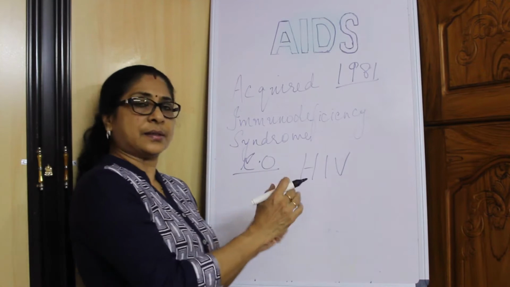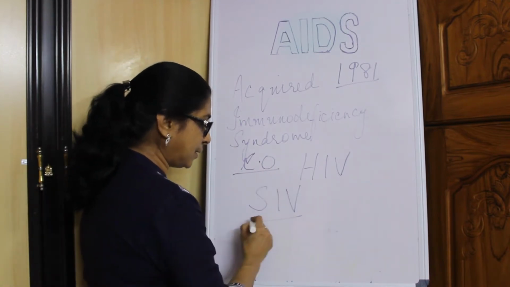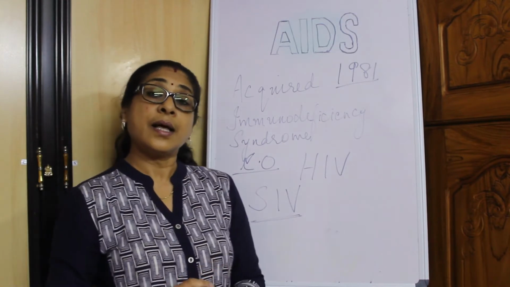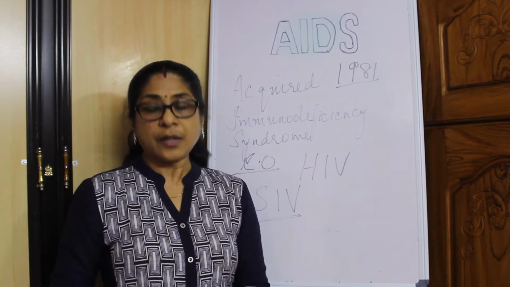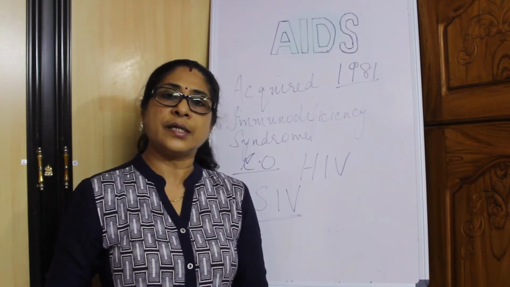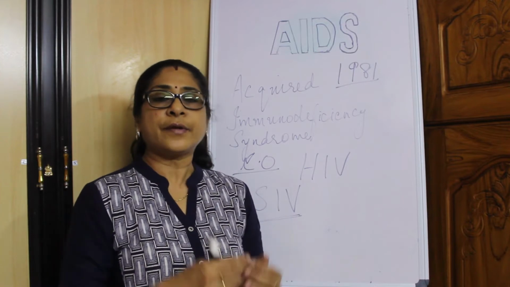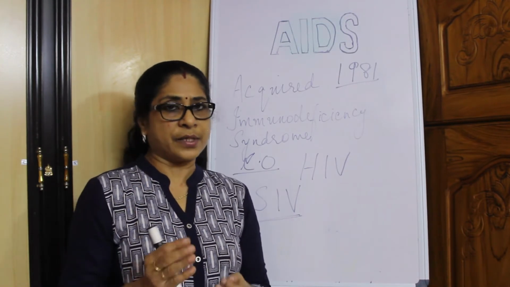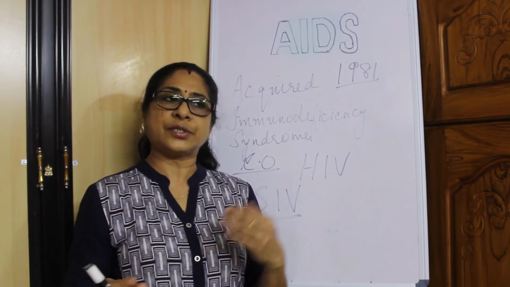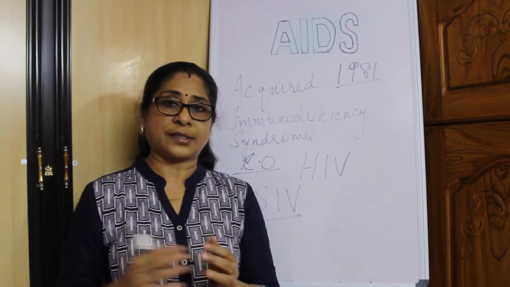This virus was first seen in a group of monkeys where it was known as the SIV, or the simian immunovirus, a group of monkeys which were found in Central African countries. Now probably from these monkeys it has entered into human beings, and this type of transmission from animals to man is known as a zoonotic transmission.